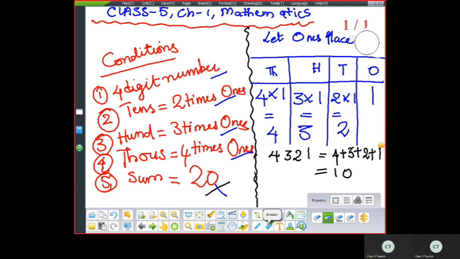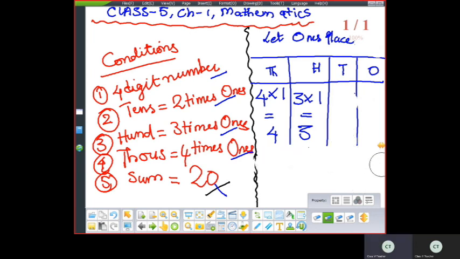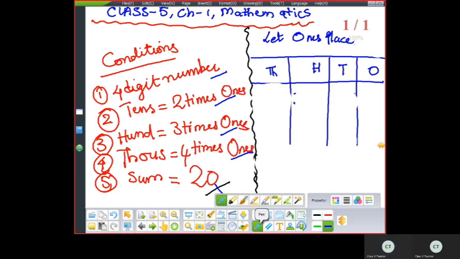2. Okay. So now let me take the ones place digit as 2 and check whether the conditions are satisfied or not. Ones place number is 2. First condition: it is a 4-digit number, done.